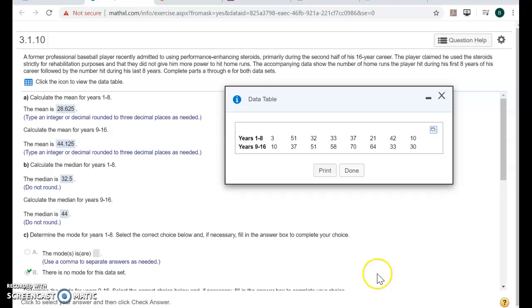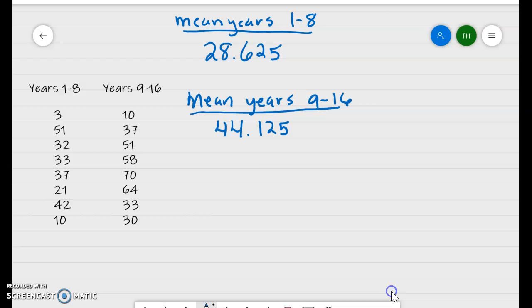For part B, we have to calculate the median. So to calculate the median, the first thing you have to do is order your numbers. So if I wanted to order years 1 through 8, the first number would be 3, then 10, then 21, then 32 and 33, and then 37, 42, and then 51.